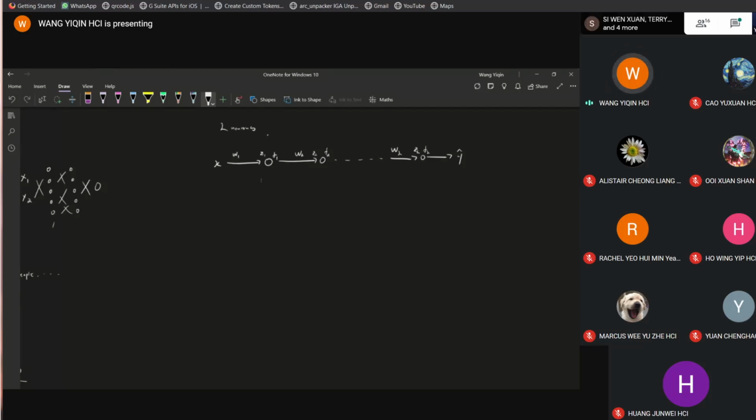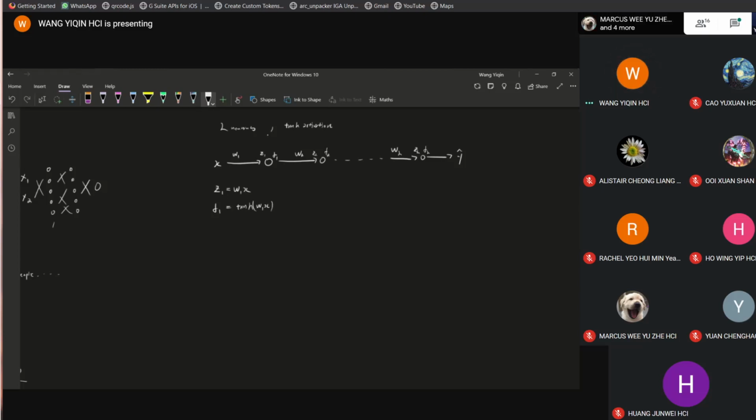So just to clear things up a bit, z1 is equal to, because we set all the bias to 0, w1 multiplied by x, and for your activation function, in this case let's use tanh. So your f1 will be essentially the tanh of the weight multiplied by the input.